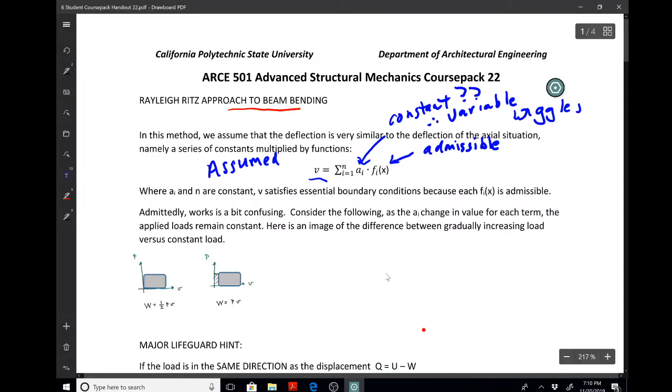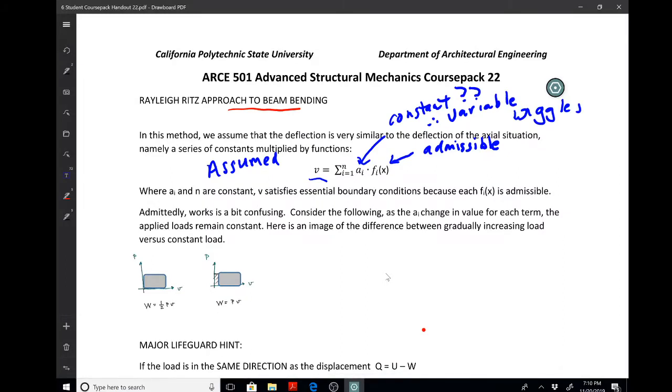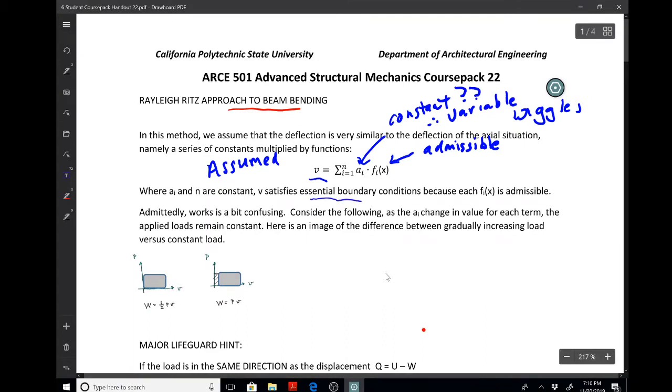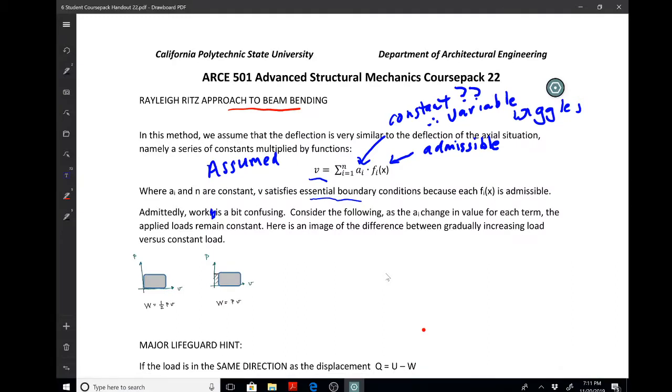The admissible functions mean that they must satisfy essential boundary conditions as before. The work is, not the works, but the work is a bit confusing. I think the book is not super clear on it. I hope to be perfectly clear about it, and I gave you some hints.